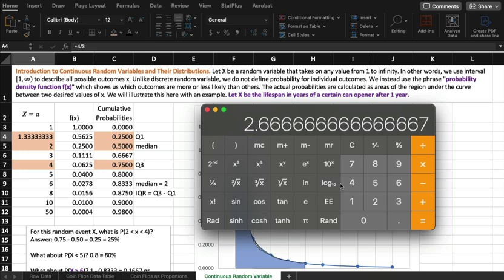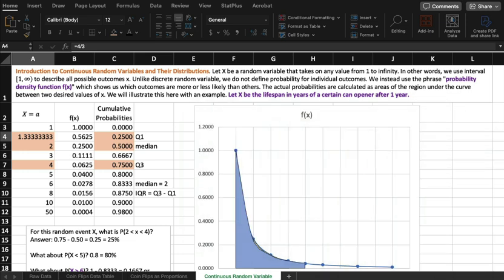And then I close the parenthesis and I hit enter. So I got 2.666667. That's basically 2 2/3, which is the same thing as 8/3. So I'm going to go ahead and type that in here. Equals 8/3. There's your 2.666667.